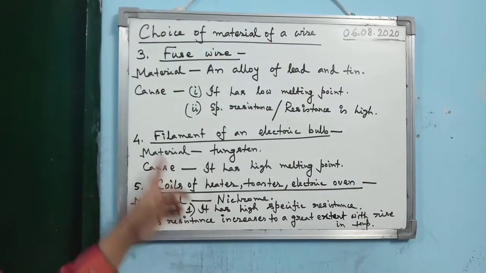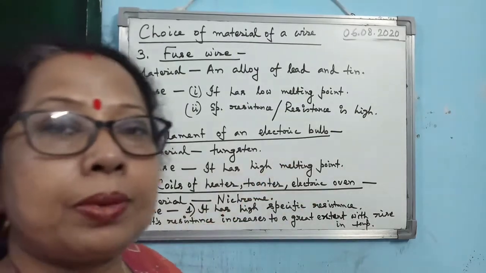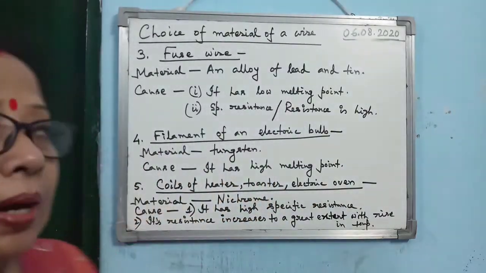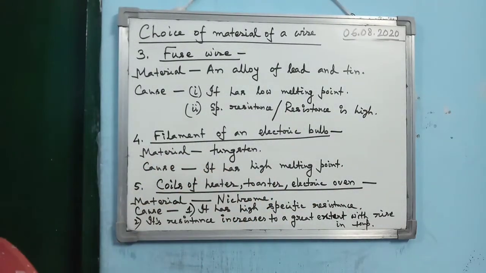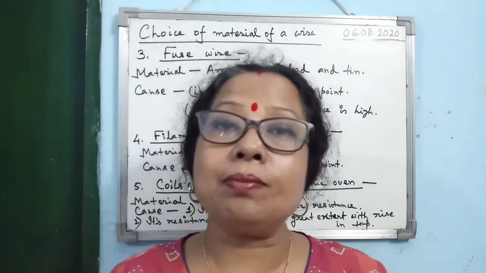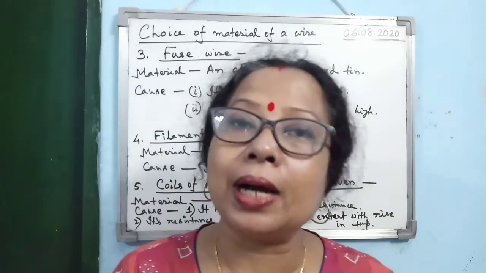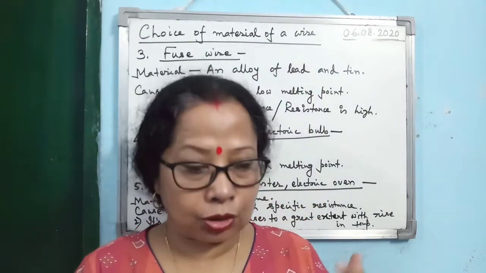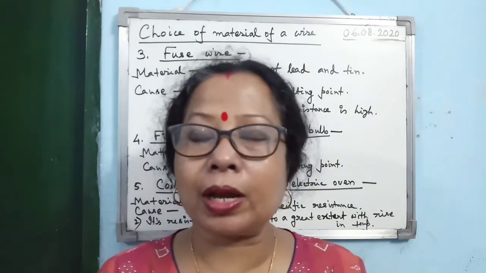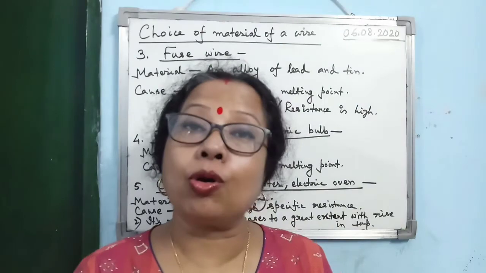high. Then the next one, what is the material we use for the filament of an electric bulb? The filament of an electric bulb is made up of tungsten. Why tungsten? Because tungsten has a high melting point. You know that whenever current is passing through a bulb, if you switch on the bulb for some time and then touch it, you will see that the bulb becomes very hot.